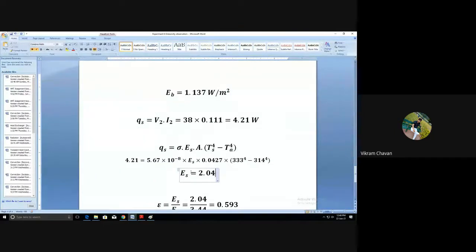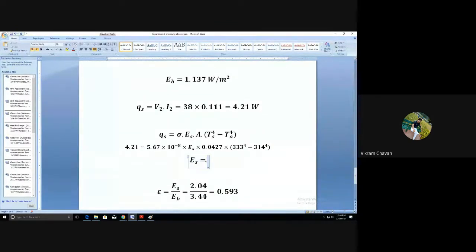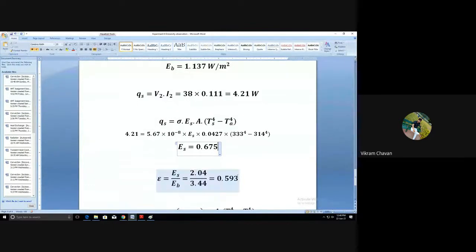Now E suffix S. How much are you getting for E suffix S? 0.675. Okay.